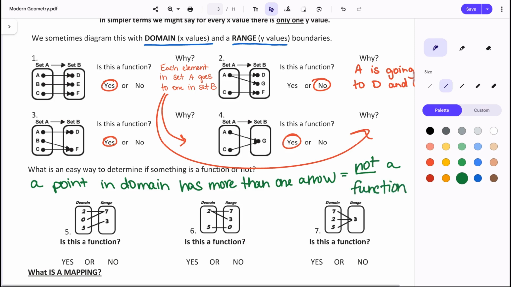If everything has one arrow, everything's fine. But you can see on number 2, the reason why we said no to that is because of A. A is causing the issue there because it has 2 arrows that are trying to come off of that one point. Okay, so now looking at 5, 6, 7, really quick, to take 30 seconds or less, circle yes or no, if you think those are functions or not.